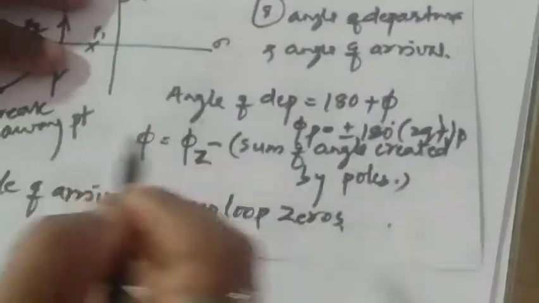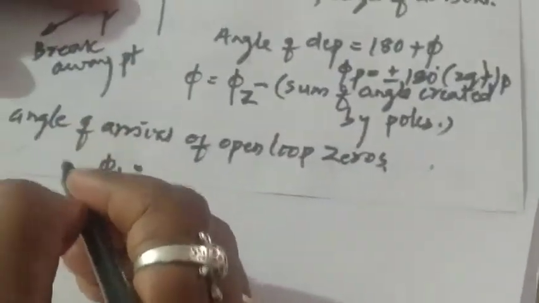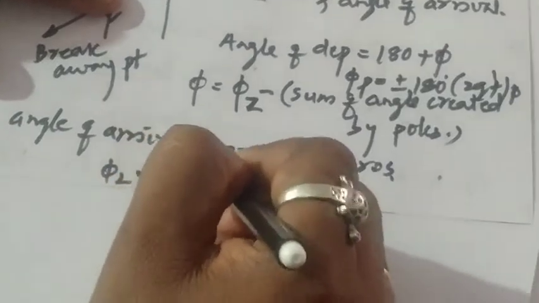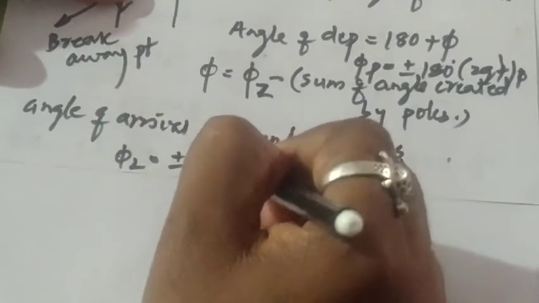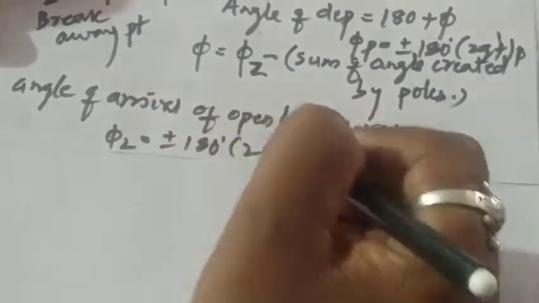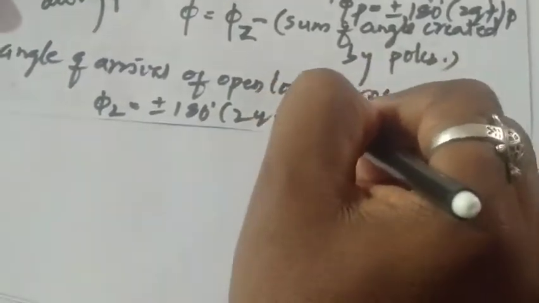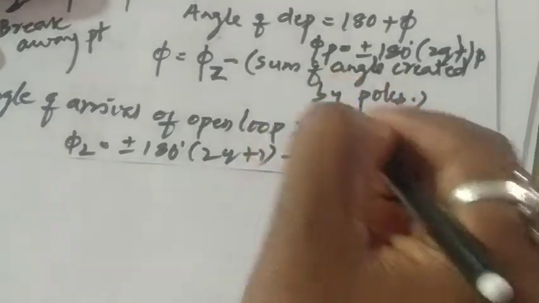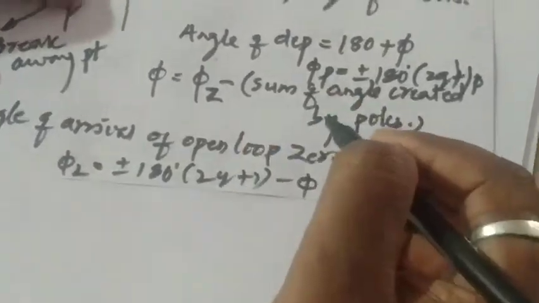So phi z is equal to plus or minus 180 degrees into (2q plus 1) minus phi. So phi is the same for both cases.